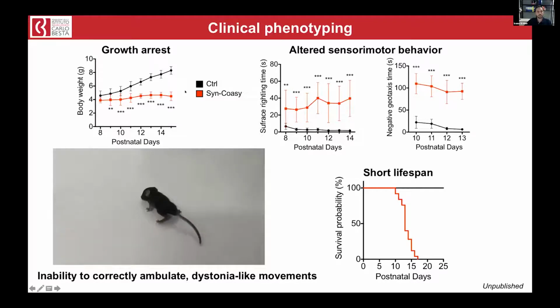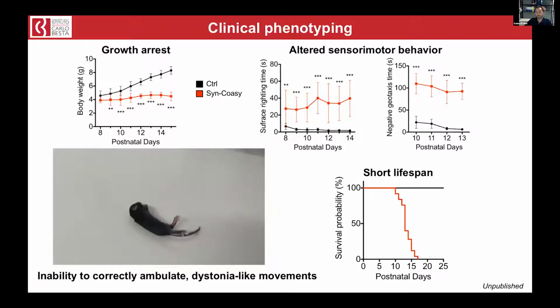This phenotype is characterized by a growth arrest, an alteration of the sensory motor behavior, and the appearance of movement disorders, as you can see in this video, characterized by the inability to correctly ambulate, some dystonia-like movements, and also some rigidity or spasticity.